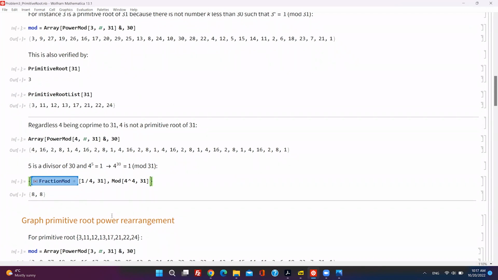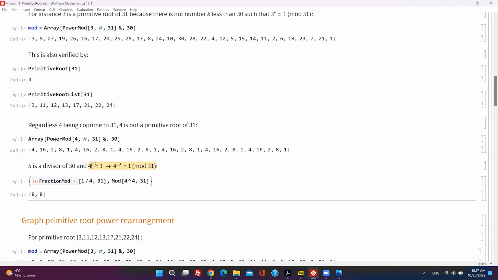It's FractionMod. It also shows you some examples of why 4 is not, because you take 4. What's the modular value of 1 over 4 mod 31? It's just to find a number x such that 4 times x is 1 mod 31. Just the remainder is 1 if you divide by 31.